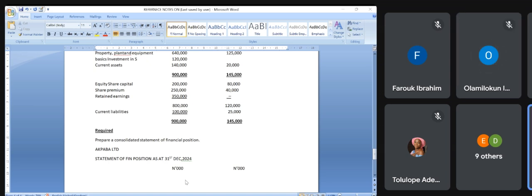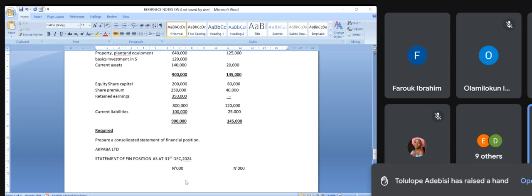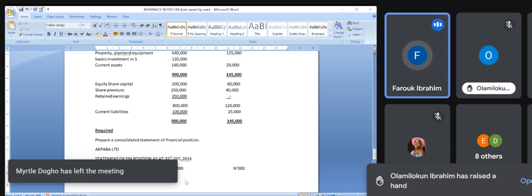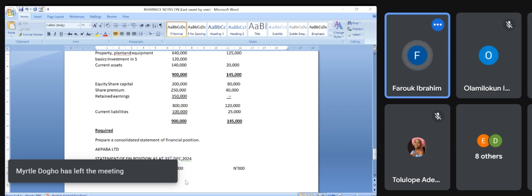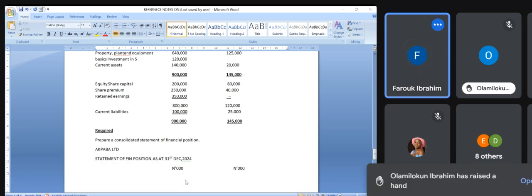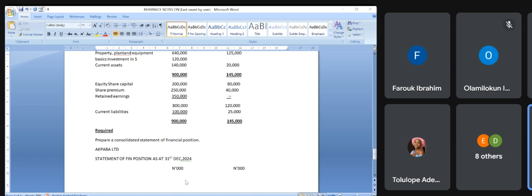So the first step is open the skeleton. Then the second one is do the net assets working. So under the first step, what are you to do? Who can help me? Tolulope, go ahead. And that's number 1. The second one now, Tolulope, go ahead.